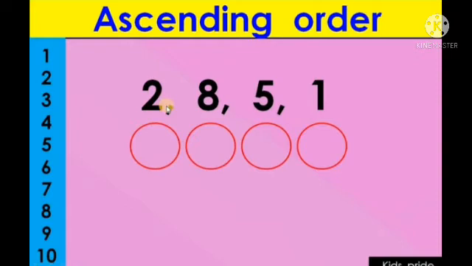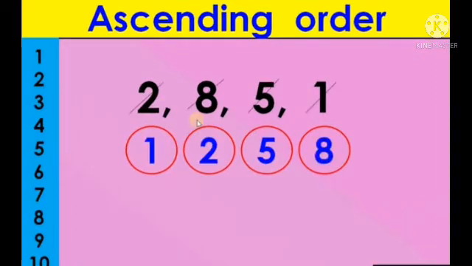In the number series 1 to 10, which number is smallest? 1 is smallest, so we will write 1 in the circle, then 2, then 5, then 8. So 1 is the smallest number and 8 is the greatest number in this series. So we go from smallest to greatest number in ascending order.